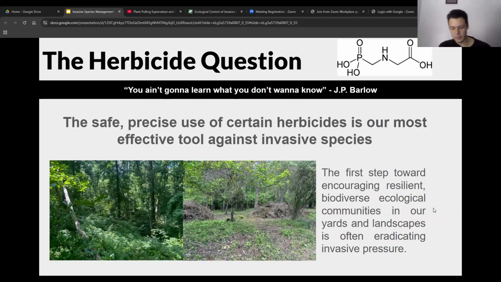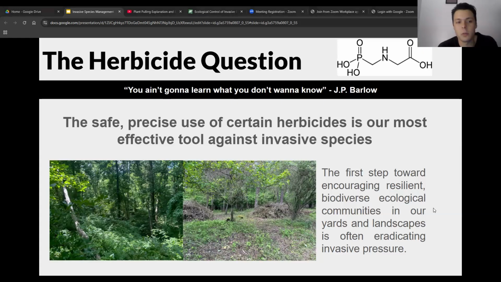So that leads us to what is sometimes the difficult thing to talk about, which is herbicide. And herbicide is unfortunately one of the most important tools that the restoration practitioner, or someone who is interested in destroying invasives and preserving biodiversity, has.